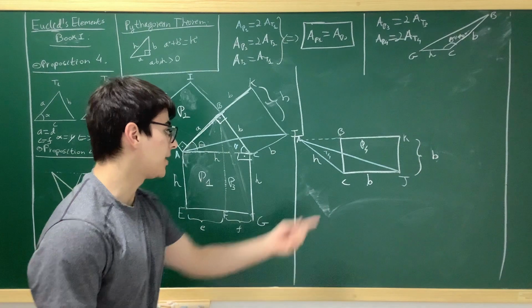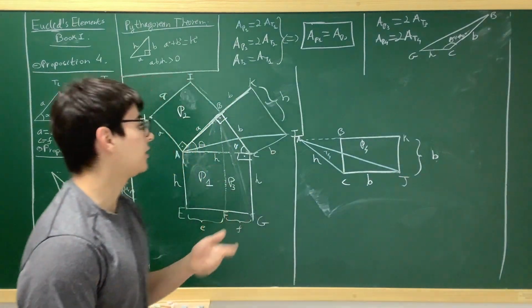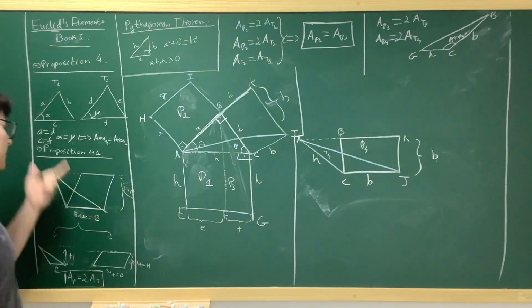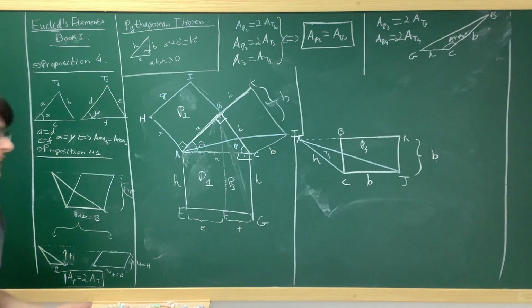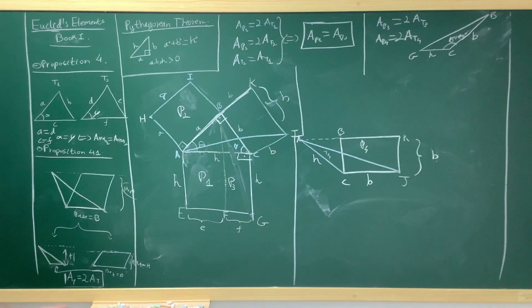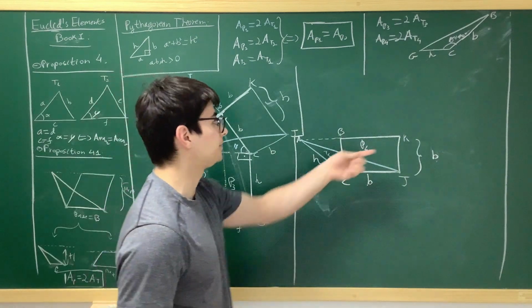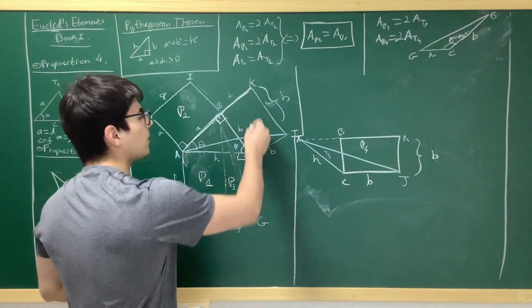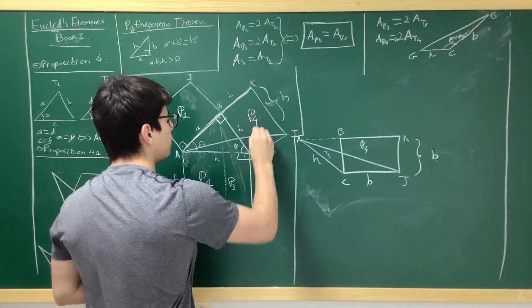You can either do it by base times height, kind of area, or you can do it by proposition 41, which is exactly the same but formulated in a harder way, I think, to see and visualize. So this is the thing. We call this P4 and this P3.